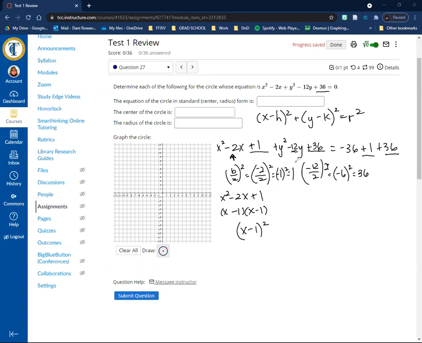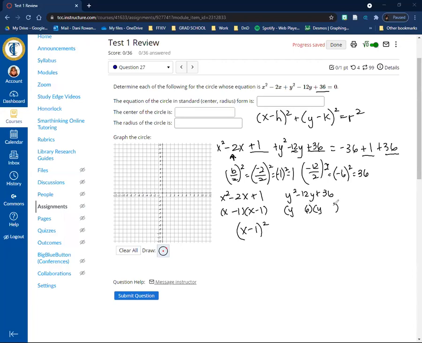Okay. Now let's look at the y. We have y squared minus 12y plus 36. What's that factoring to? What times what is 36? 6.